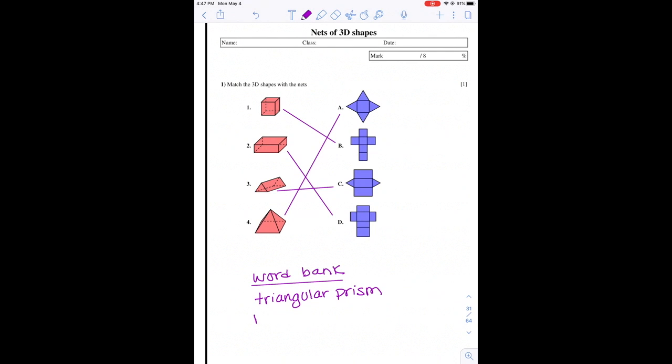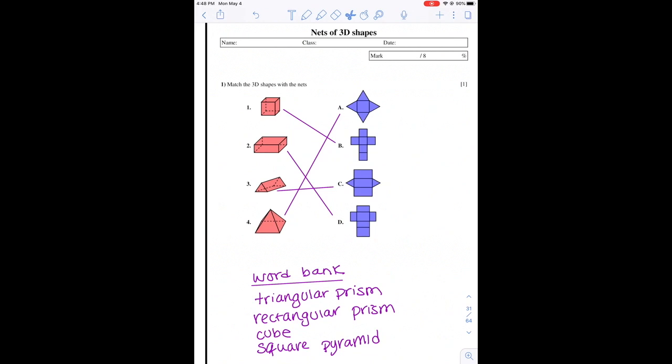I also see a rectangular prism. I see a cube, and I see a square pyramid. Pause the video and see if you guys can figure out which one is which.